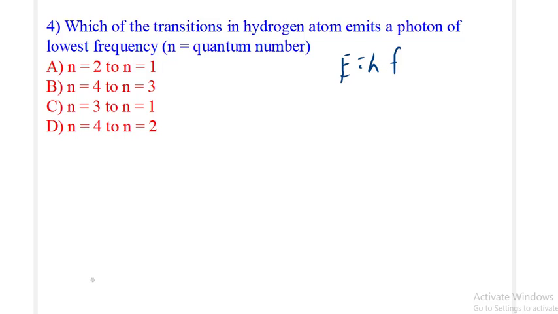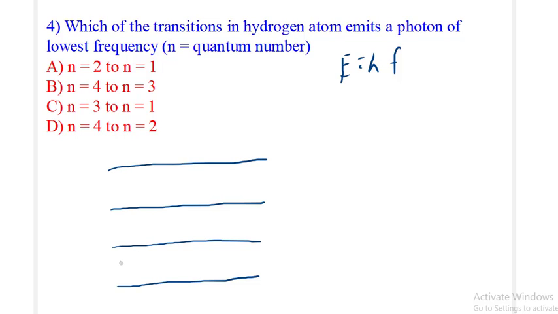So first I will draw the energy levels. Because here the highest one is 4, I have to draw 4 energy levels: 1, 2, 3 and the fourth one. So this is the n value, 1 2 3 4.